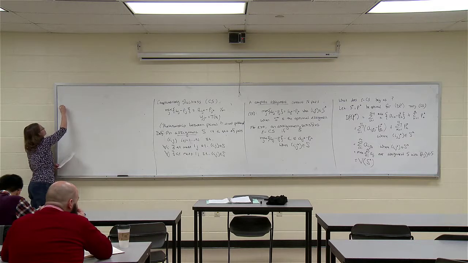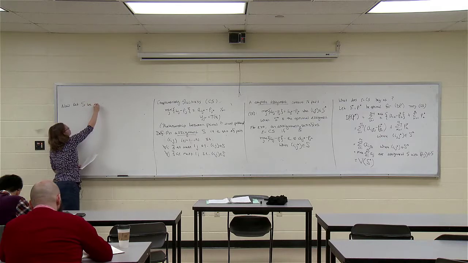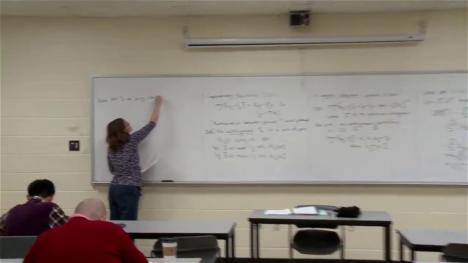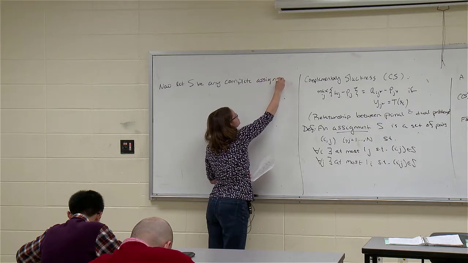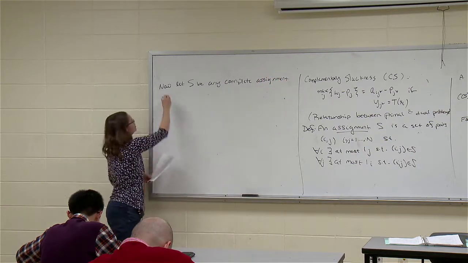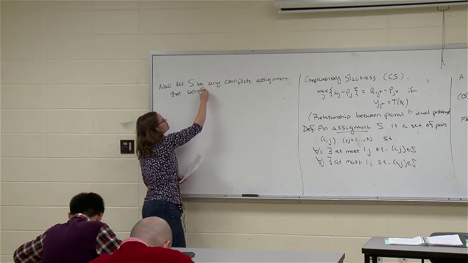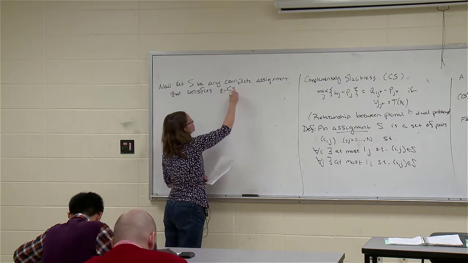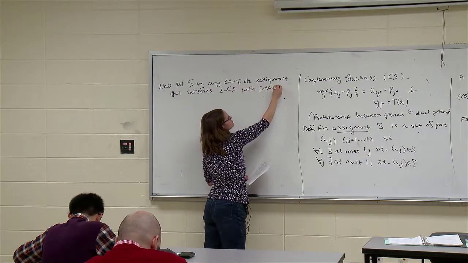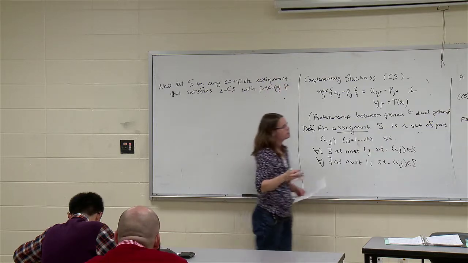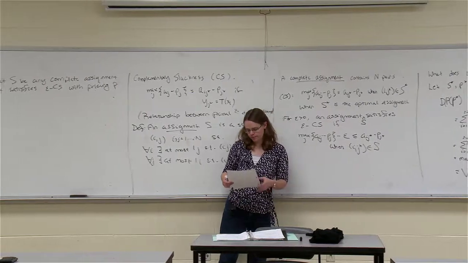Okay, so let's now let S be any complete assignment that satisfies this epsilon complementary slackness with the pricing scheme P. Because we can't talk about complementary slackness unless we have some values for the P's.